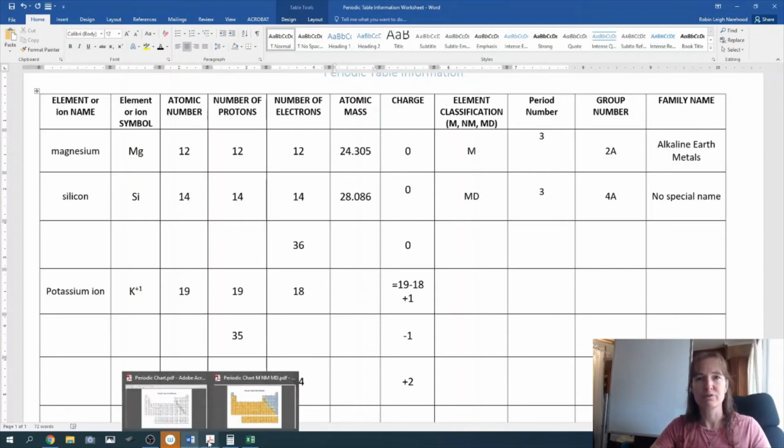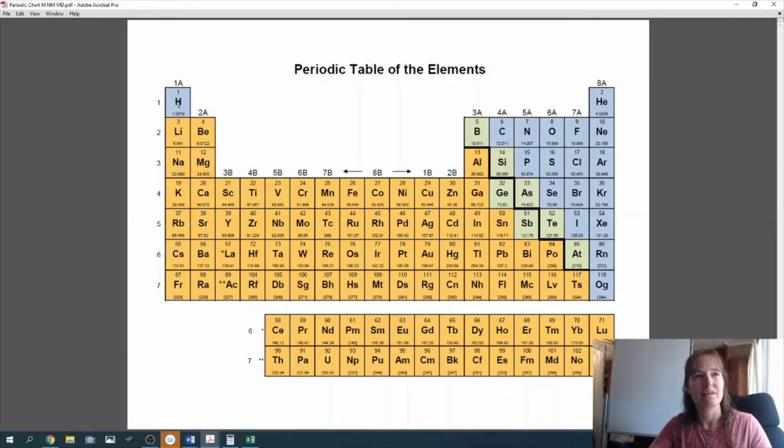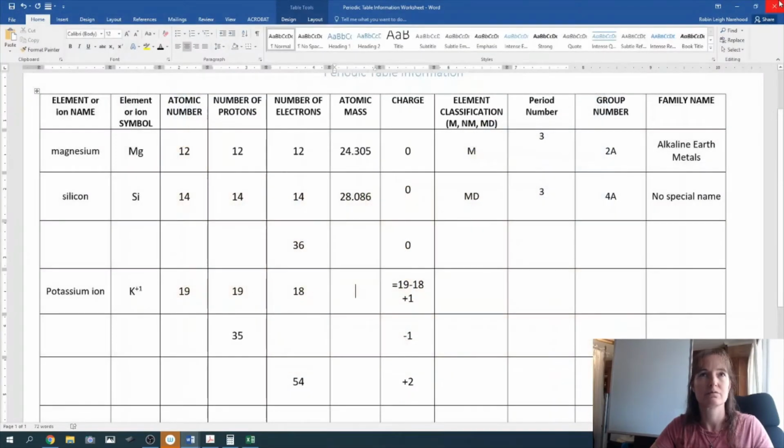So let's go through and see if we can see what its average atomic mass is. 39.098, and it is in group 1A, period 4.